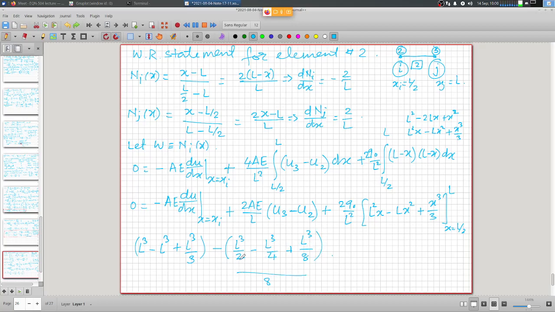So this is 8, so this becomes 4 minus 2 plus 1, that is 3 by 8. So 3 L cube by 8, and this one is of course L cube by 3.